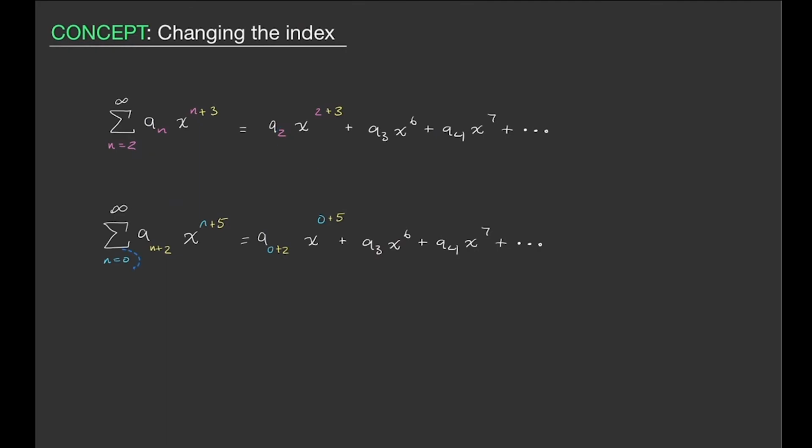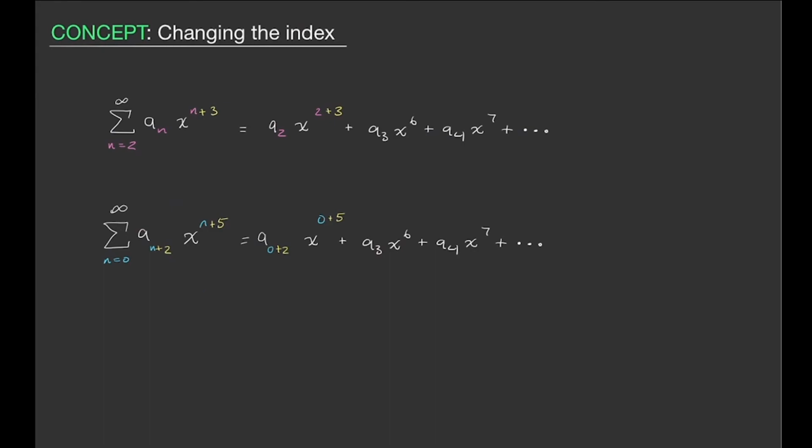If we start at n equal to 0, we can't just have a sub n, because then we'd start at a sub 0. What we want is to start at a sub 2. So because we work with n equal to 0 here, we add 2 to it. Notice we reduced from 2 to 0, and then we increase this n from n to n plus 2.